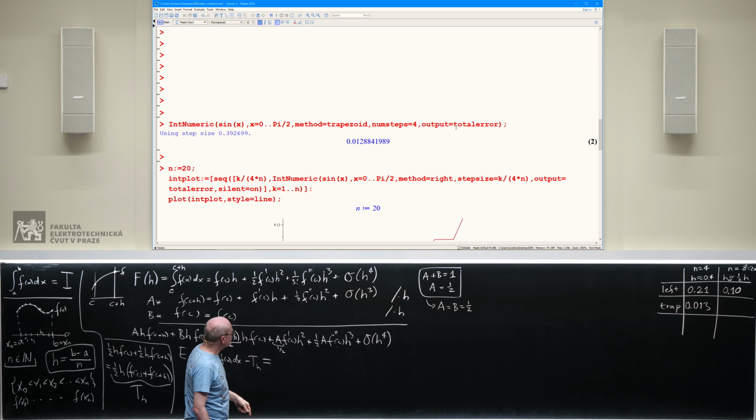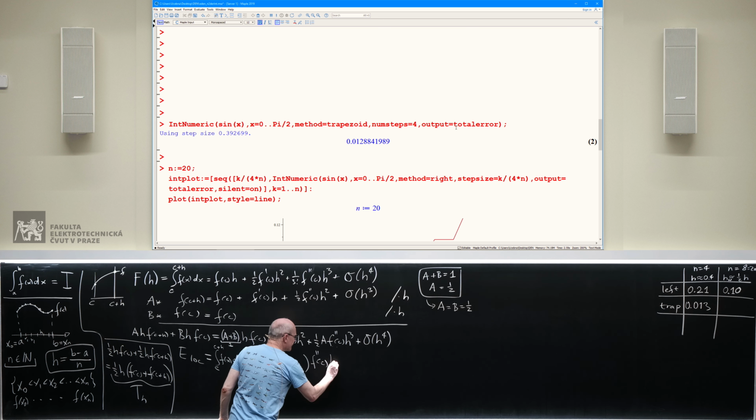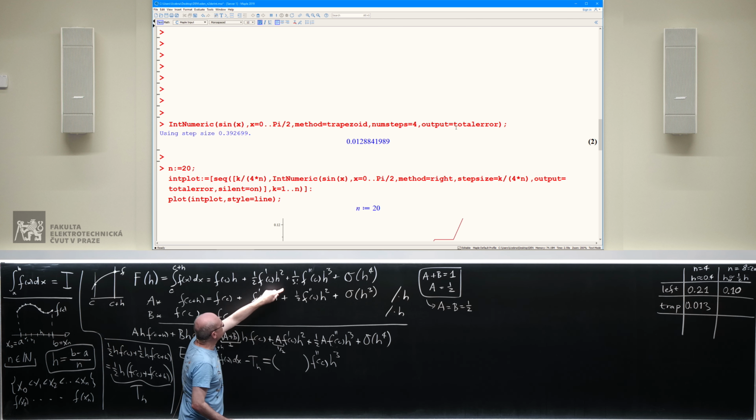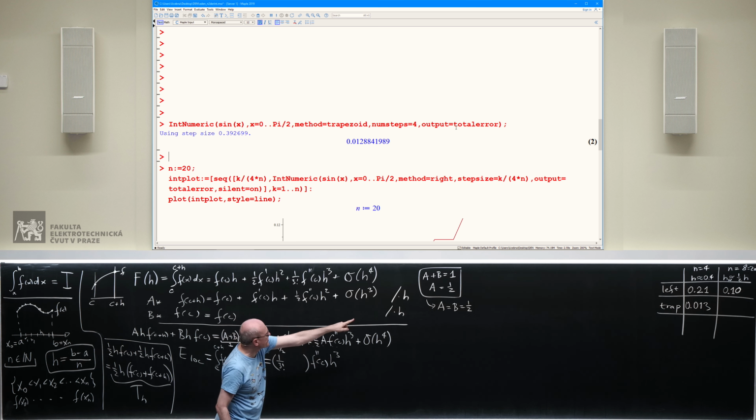So let's write it down. We are taking this and subtracting this, and I can factor out common parts. So there will be some subtraction which is left after I factor out, and I'm factoring out the second derivative of f at c and the cubic power of h. And from here we have 1/3 factorial, and from here we have 1/2 and also 1/2 for a.